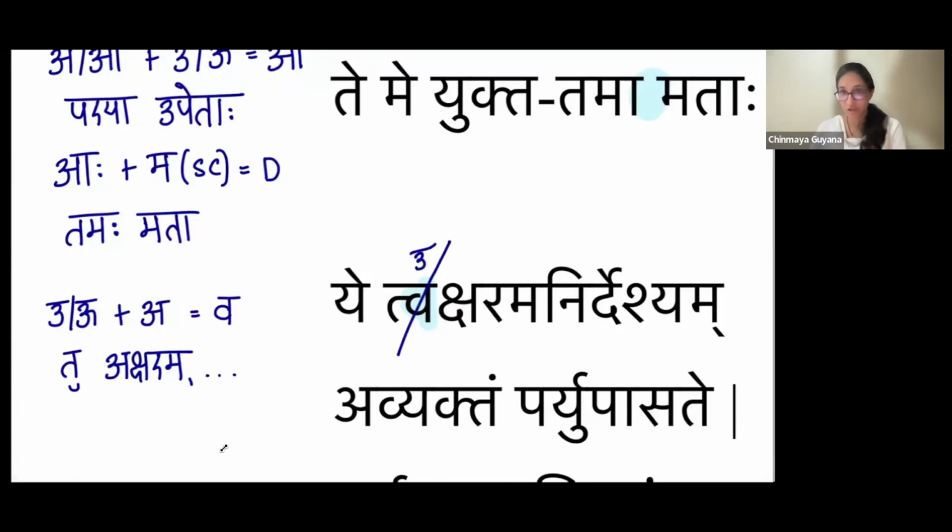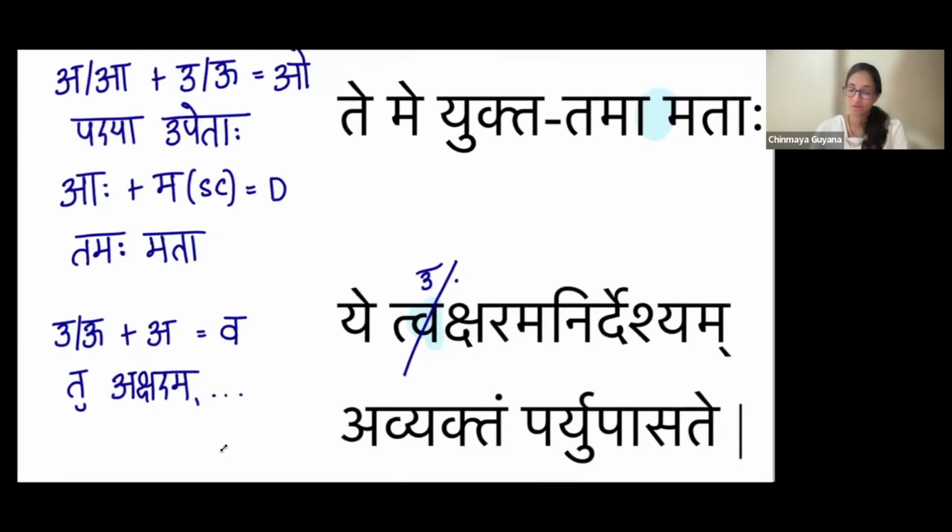If you don't know ta halant plus u equals tu, you are in trouble. And the a from the v goes to the ksha. So you get tu and you get akshara. Got that?